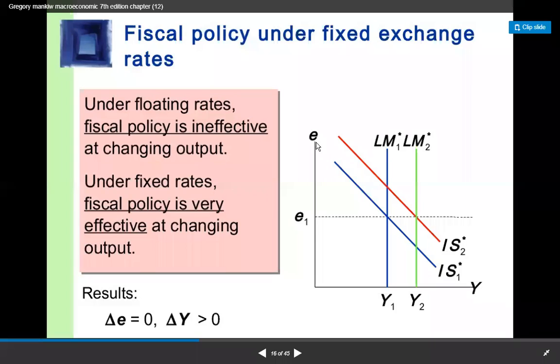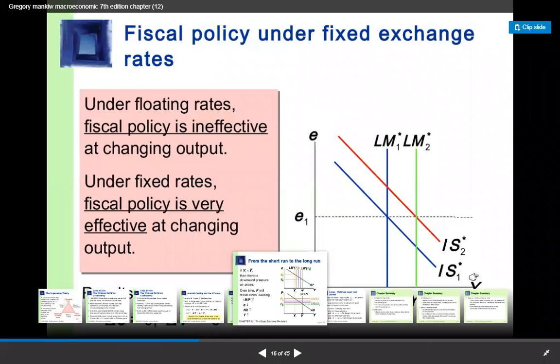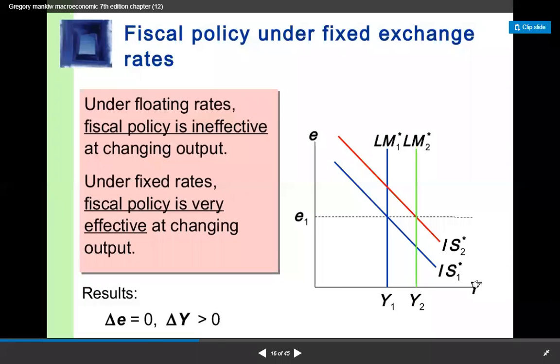Again, exchange rate is on the vertical axis. Income level is on the horizontal axis. Our initial LM curve is the blue colored LM curve, LM1. And the initial IS curve is also the blue colored IS curve.